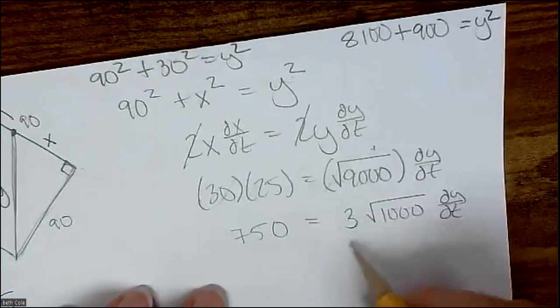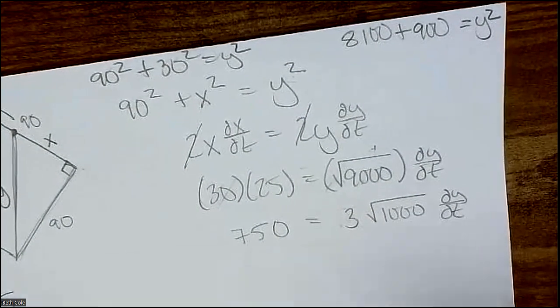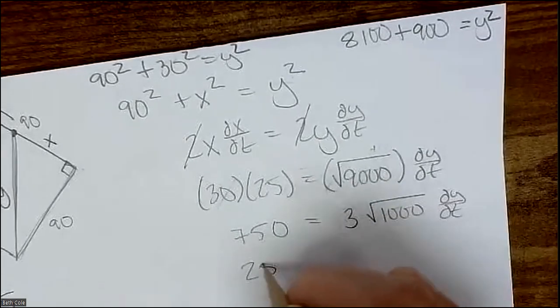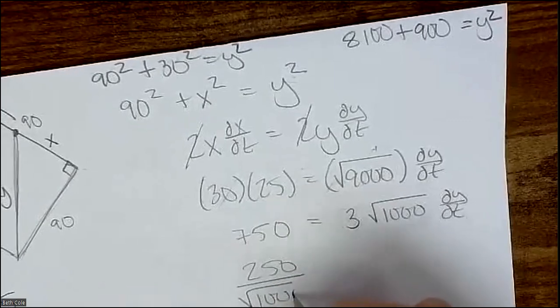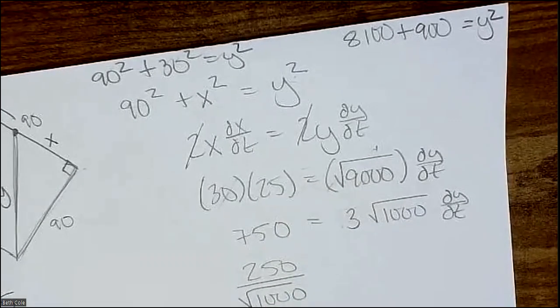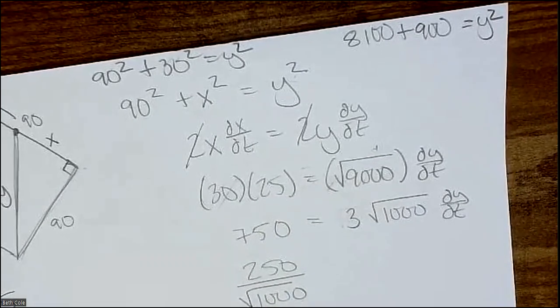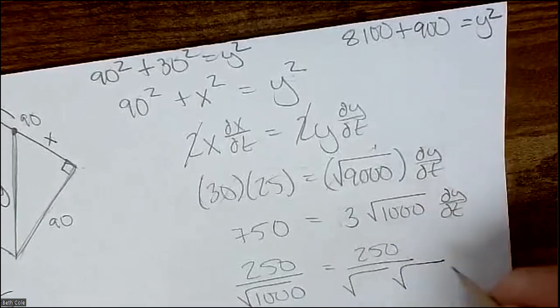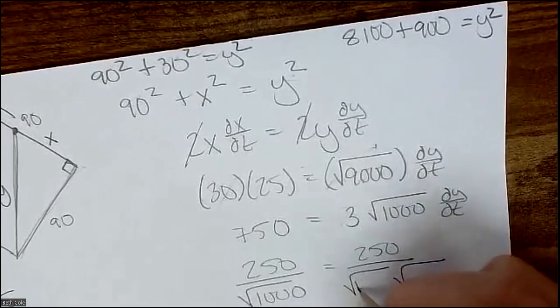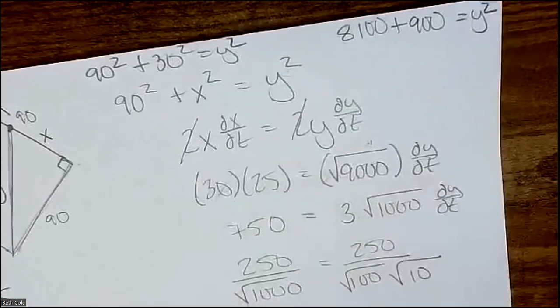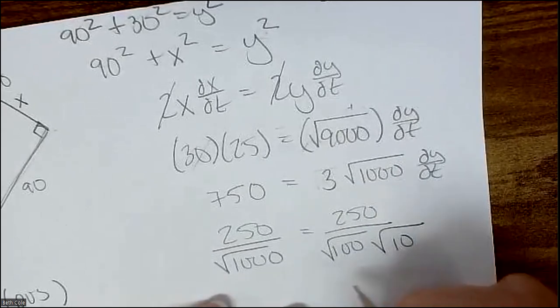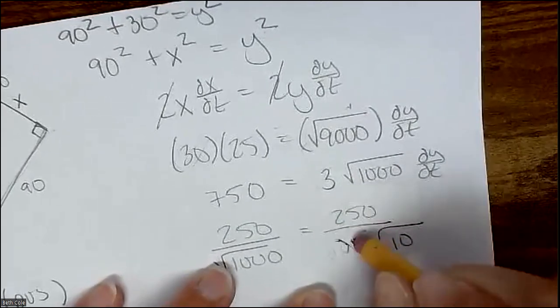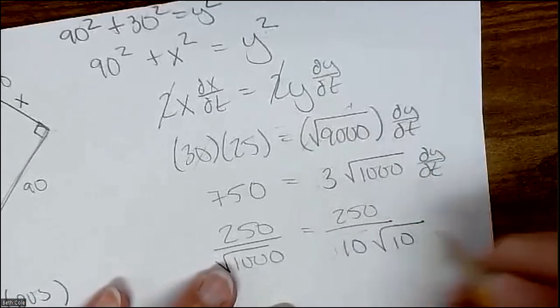And so when you divide that, 750 divided by 3 over square root of 1,000, is that a choice? Or does 1,000 split as well? I feel like 1,000 is going to be 10 and 100. So this would be like 10 square root of 10.